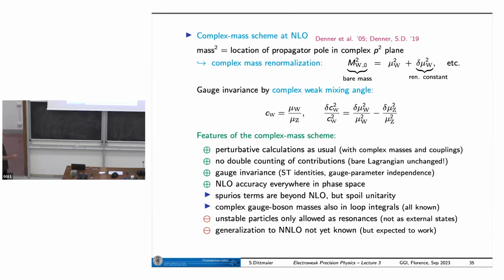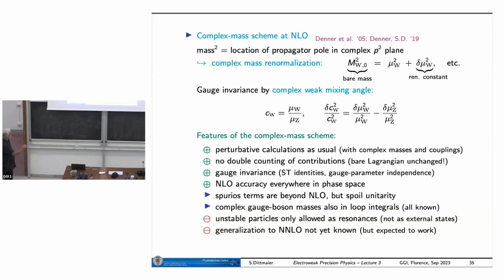So if you use it, for example, in a lowest order prediction, you have effects of the relative strength width over mass, which is about 3% for the W and the Z. But already in a tree level calculation, leading order calculation, you see that this actually counts as a higher order effect, because width over mass is something like order alpha.